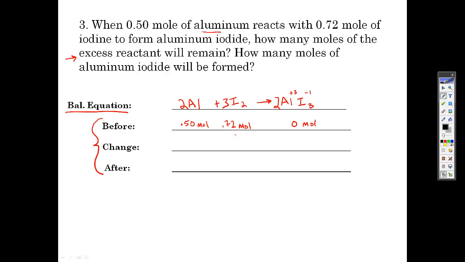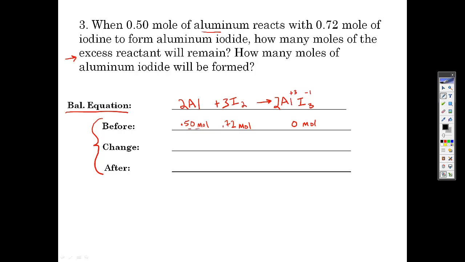The way I do it is I pick one of my reactants, the easier number to deal with. In this case I'm going to choose 0.50 moles, and I ask myself, if I were going to react 0.50 moles, how many moles of the other reactant would I need?